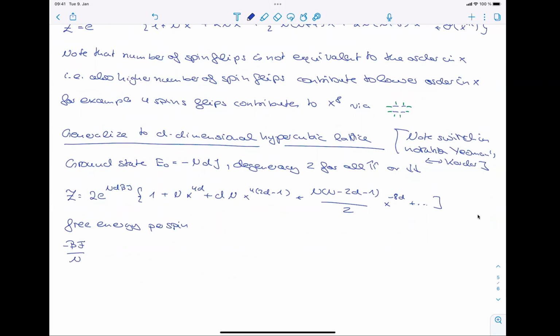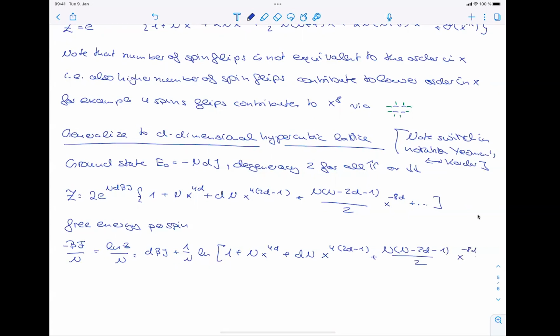So I'm looking at this. That's then ln Z over n. And then we get d beta J plus 1 over n ln of 1 plus n x to the 4d, d n x to the 4d... x to the 2d minus 1, and so on.